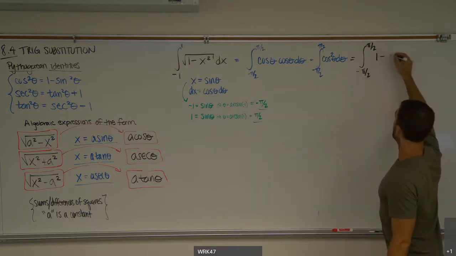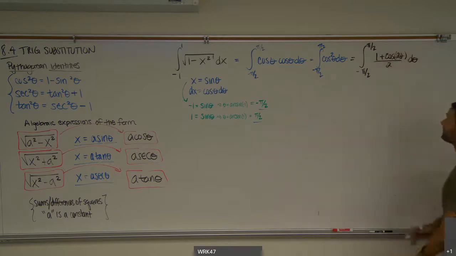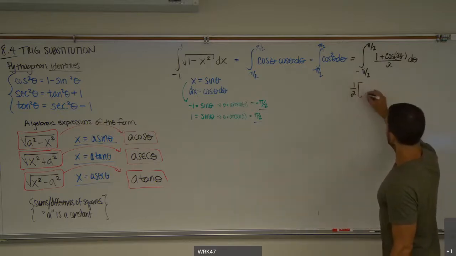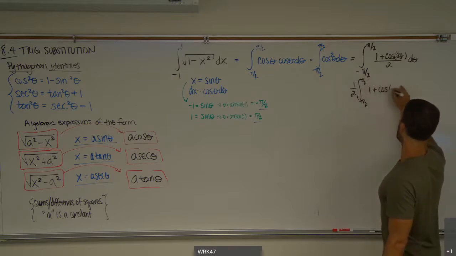It's going to be 1 plus cosine of 2 theta over 2. So I'll pull out the 1/2. Definite integral from -pi/2 to pi/2, 1 plus cosine of 2 theta.